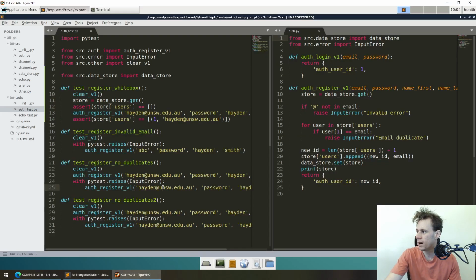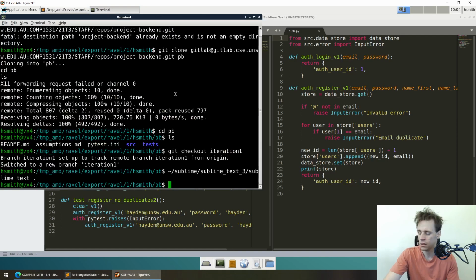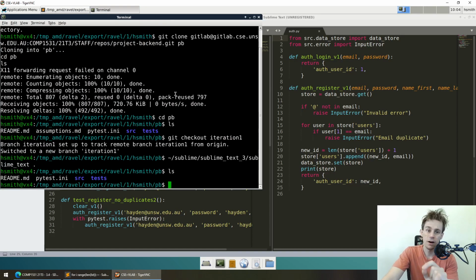But don't put them in master, because it's going to confuse your tutor into thinking that you don't know what you're doing. And if you really want it in master, talk to your tutor at least, so that you've told them that. And then when they go to mark you, they'll know this group was aware these were not the tests that should be written. But I wouldn't keep them in your master branch. What I've actually been telling groups is that if you want to do white box testing for some reason, that's fine.